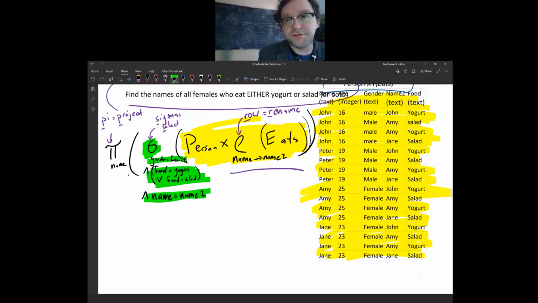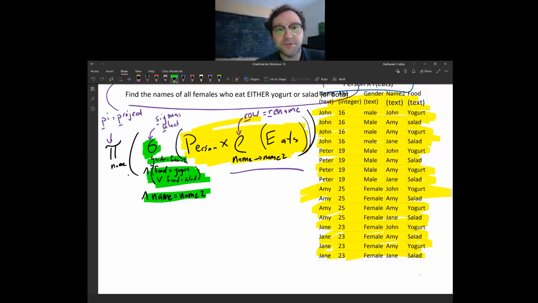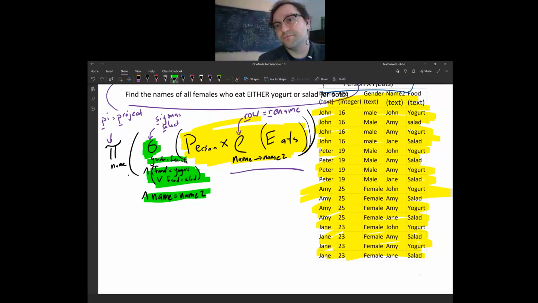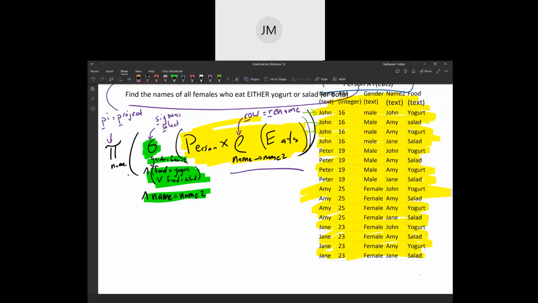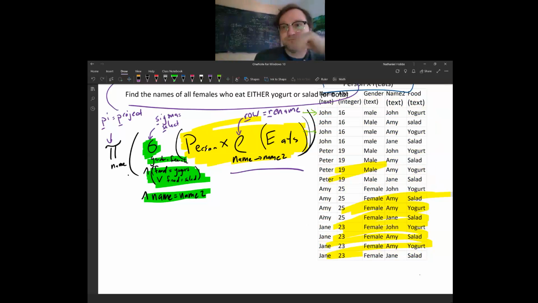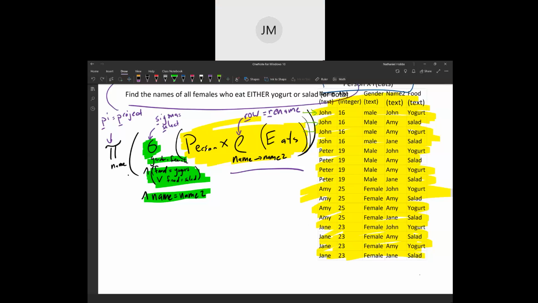So in order to keep a row, it has to pass all of those: the gender equals female, the food equals yogurt or the food equals salad, and that the name has to equal name 2. And that's the value in the column. So for example, the select will go row by row. Okay, so we'll start at the first row and see if that should be kept or eliminated.